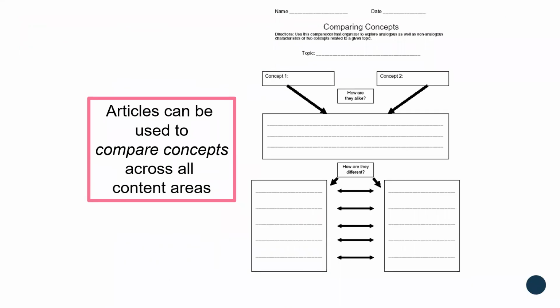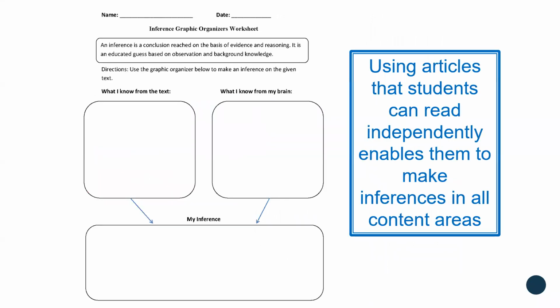Giving them articles at their independent Lexile measure gives students the opportunity to compare concepts across all content areas, if you will. And then we discovered early on that our at-risk readers did not have a good background on reading strategies. Where our good readers used them, they had them.